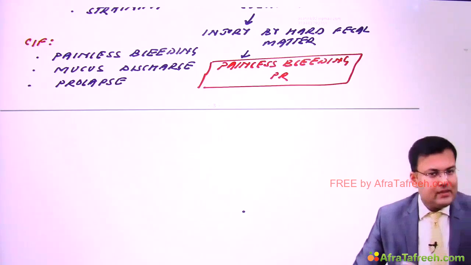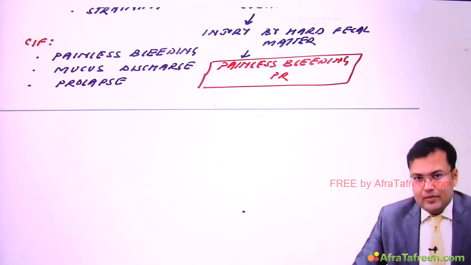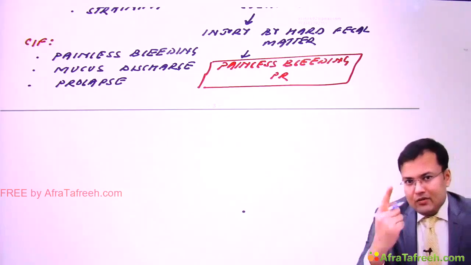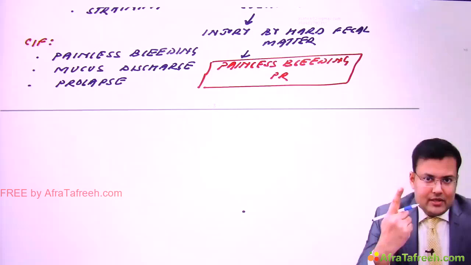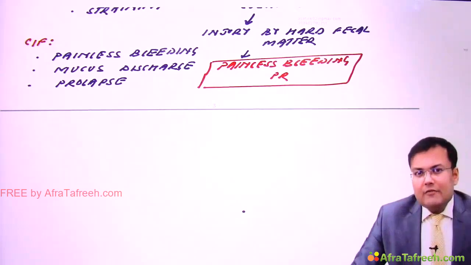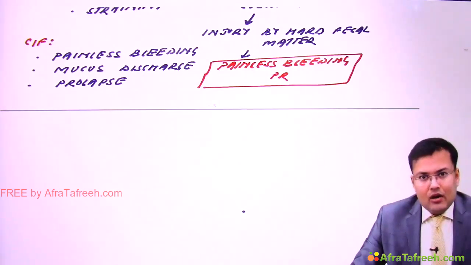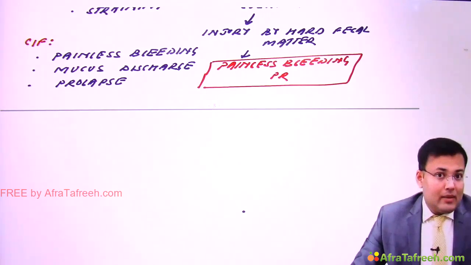Now imagine this patient is coming to your OPD. What do you do? Whenever a patient gives a history of bleeding PR, we have to perform digital rectal examination. So in this patient also, we will perform digital rectal examination. First, a very important point: are hemorrhoids palpable or non-palpable? They are non-palpable, right?